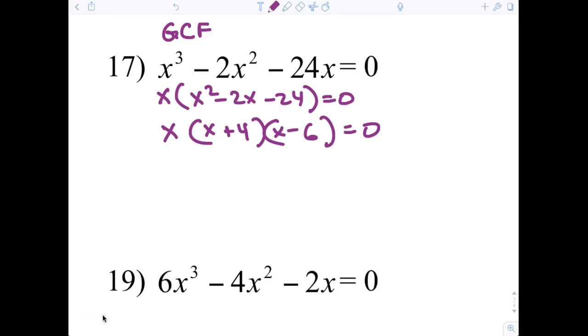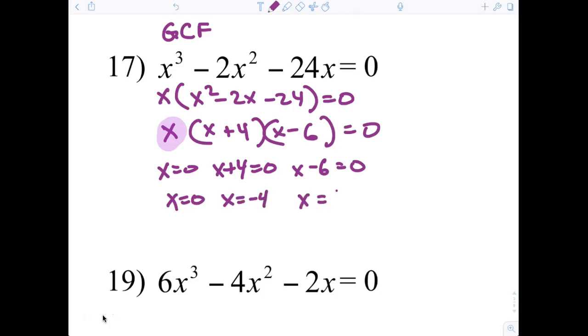Right? Now here's what people miss. This equals 0. The next one equals 0. And the next one equals 0. You with me on this? So x equals 0. X equals negative 4. X equals 6.